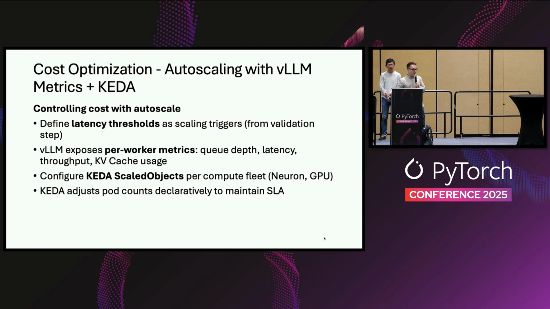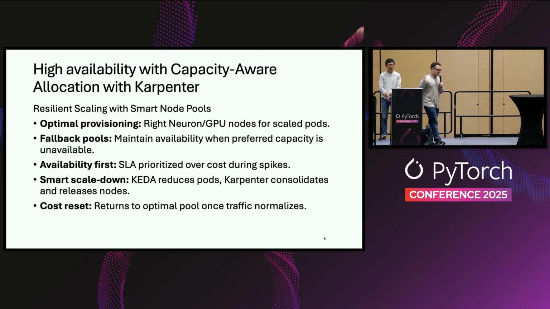Now, at this point, Kubernetes will tell you, hey, I need X number of pods, whether it's going up or down. And then it's up to Karpenter, which is our open source node vending solution, to seek to bring you the instances that are going to power those model backends.